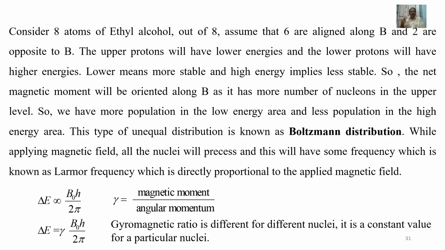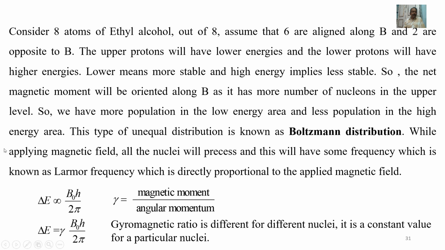This type of unequal distribution is known as Boltzmann distribution. While applying a magnetic field, all the nuclei will precess, and this will have some frequency which is known as the Larmor frequency, which is directly proportional to the applied magnetic field.